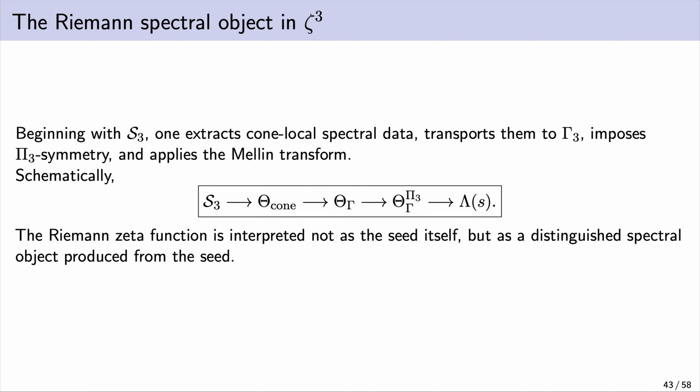We can look at this schematically. We start at S3, map to cone theta, then with reciprocity map to gamma theta, then average the thetas on gamma, and then take the Mellin transform, where we get lambda of S. The Riemann zeta function is interpreted here not as the seed itself, but as a distinguished spectral object produced from the seed.